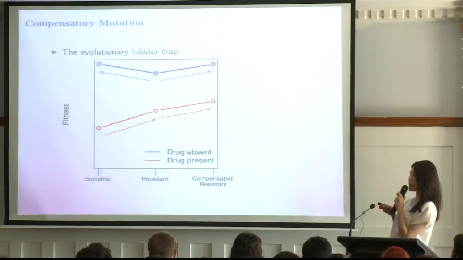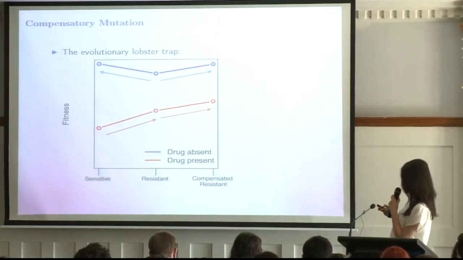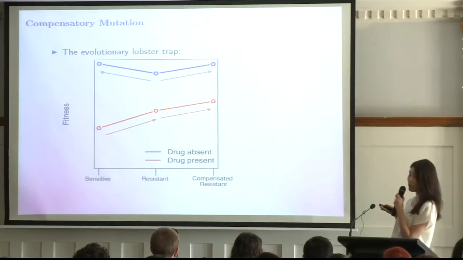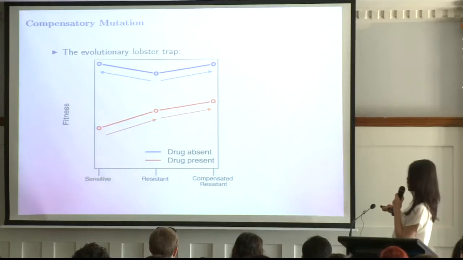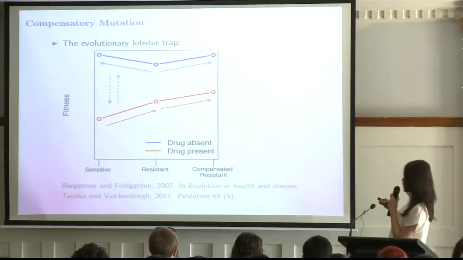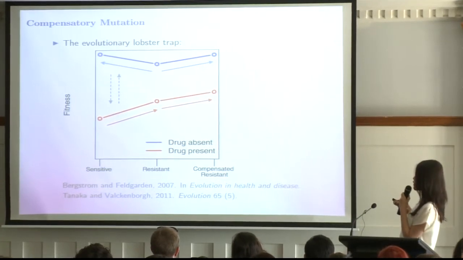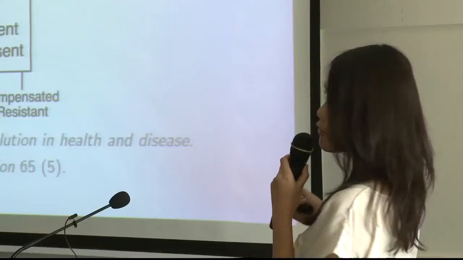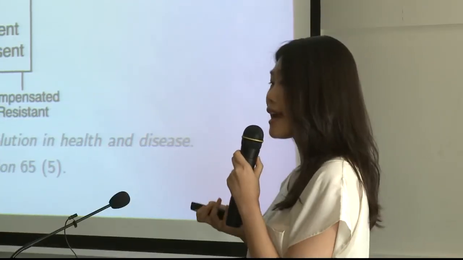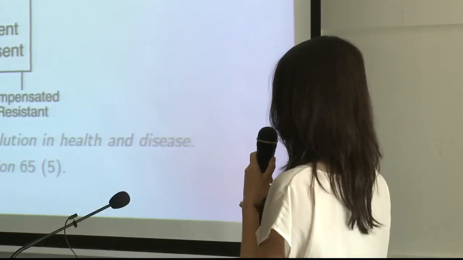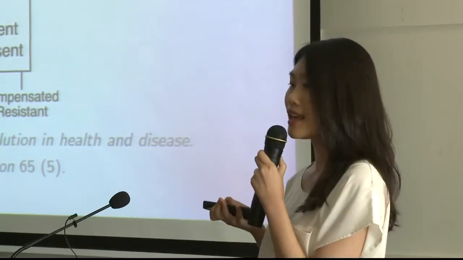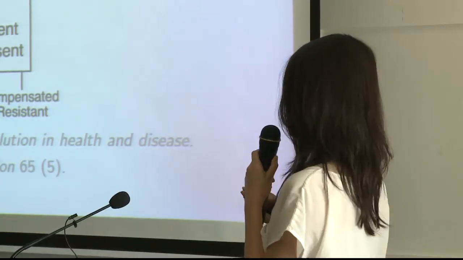While in the presence of antibiotics, the selective pressure pushes the bacteria to evolve from sensitive to resistant, then to the compensated resistant type. As the environment alternates between these two scenarios, our bacterial population may be trapped gradually at this end, where reversion becomes hard. This phenomenon was described by Backstrom and Feldgarden as the evolutionary lobster trap.